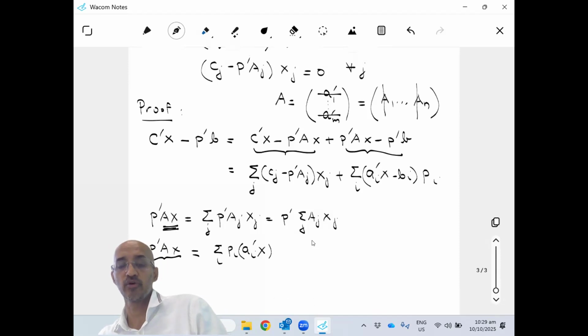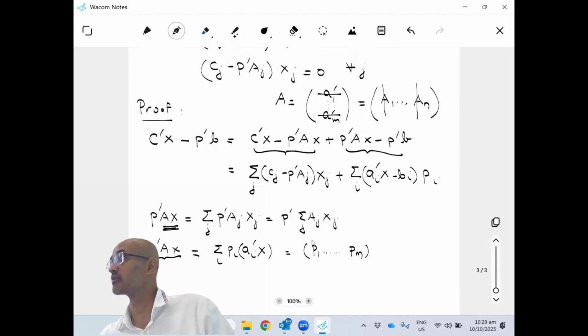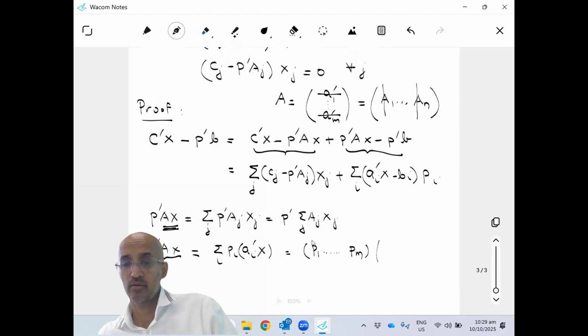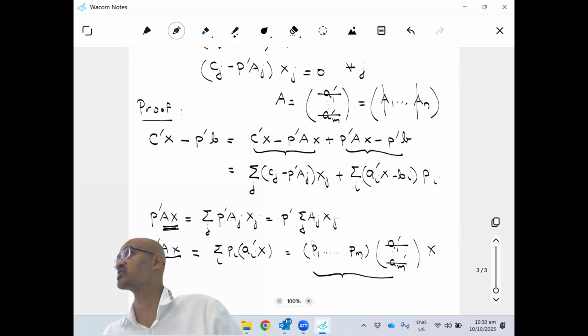Think about what p is: p is p1 up to pm. And Ax is a1 transpose x, and so on. So I'm writing this as the summation over i of pi times ai transpose times x.